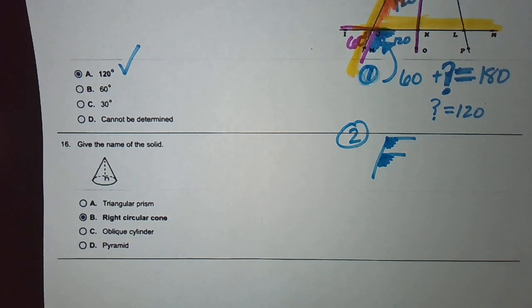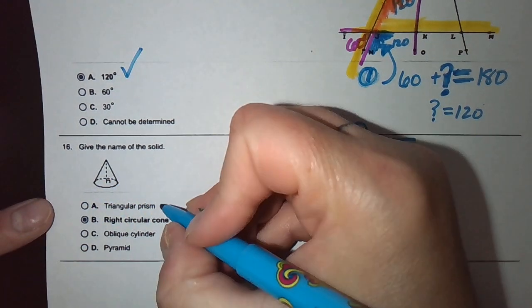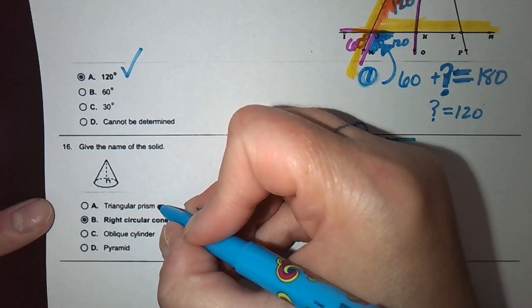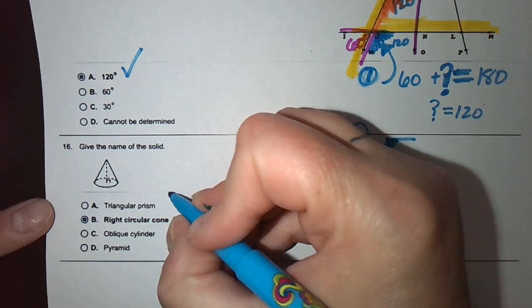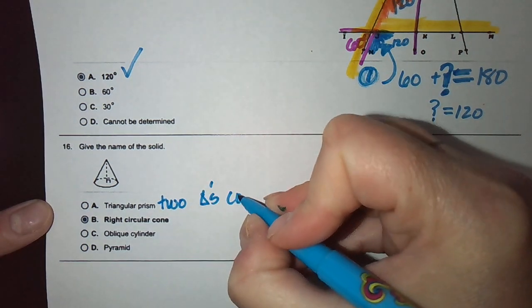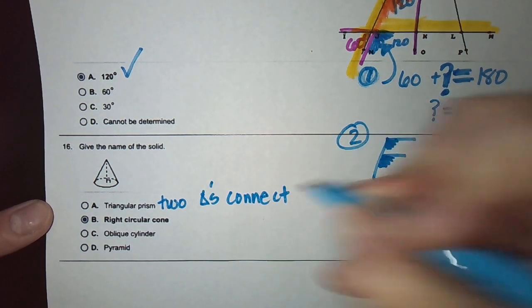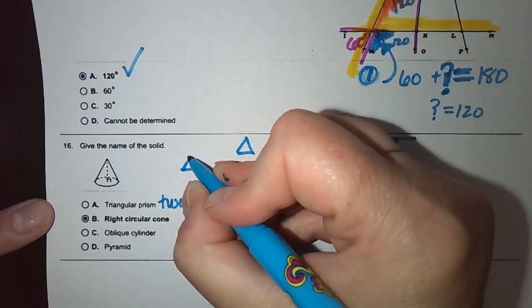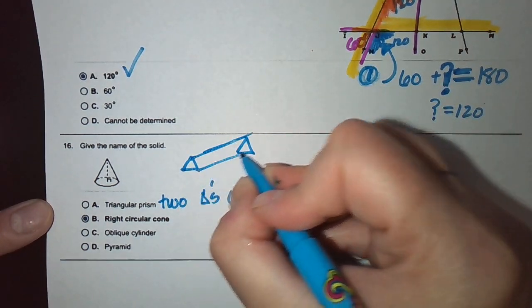Woohoo. Okay, let's look at 16. Okay, we have to talk about the names. A prism looks like two triangles that are connected, as in triangle, triangle, connected.